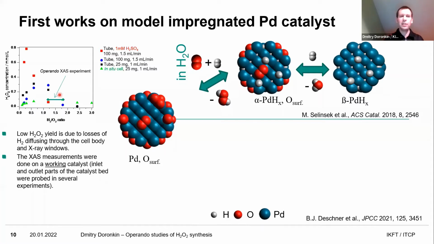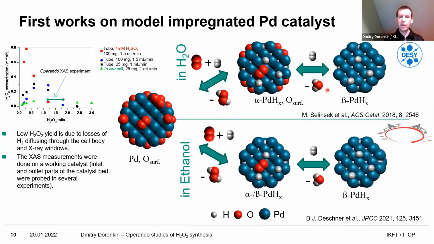As you can see, in the In situ cell, we are losing quite a lot of productivity, and that is due to PTFE. As I told, it's quick and easy and inexpensive to use Teflon as a cell body, but we are losing hydrogen. It just simply diffuses through even thick Teflon cell body, and it diffuses through polycarbonate X-ray windows. But still we have enough to be able to measure on a working catalyst.